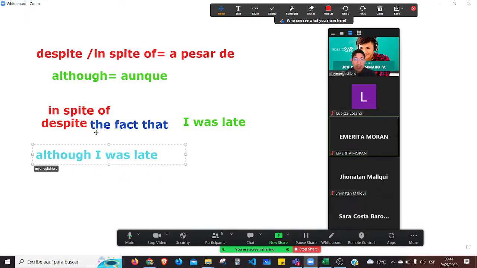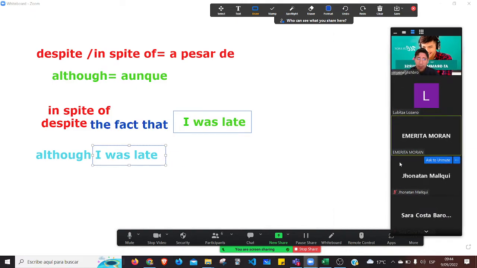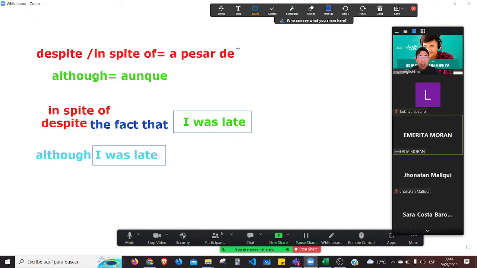Pero el in spite of y el despite van acompañados del the fact that cuando tenemos una clause. Una clause. Did you understand?